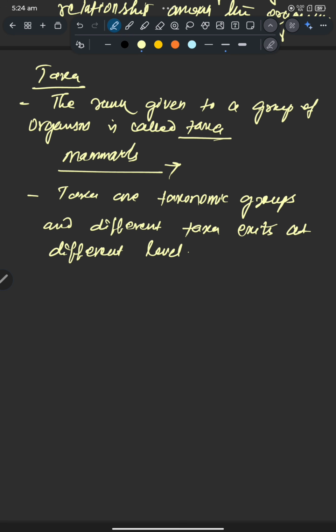That we'll discuss as we discuss the hierarchy of classification in detail.